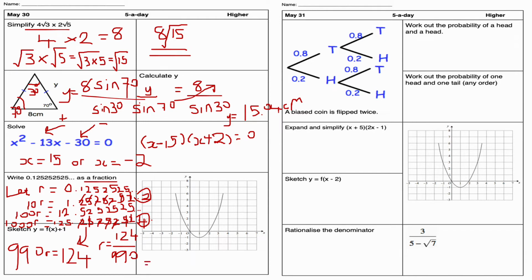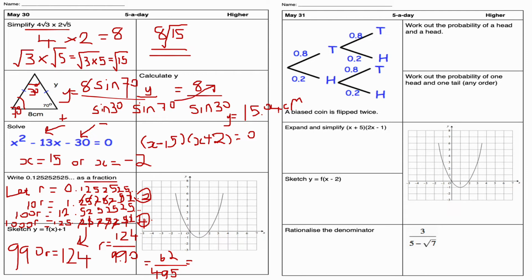But I can divide top and bottom by 2, and I get 62 over 495, because half of 1000 is 500, and it's a difference of 10 there, so half of 10 is 5. This should be the fully simplified answer, and you can check that on your calculator.